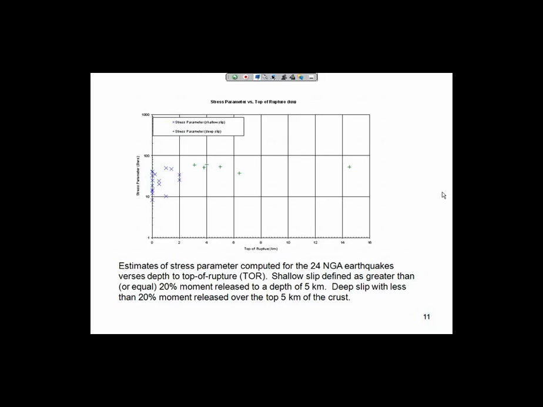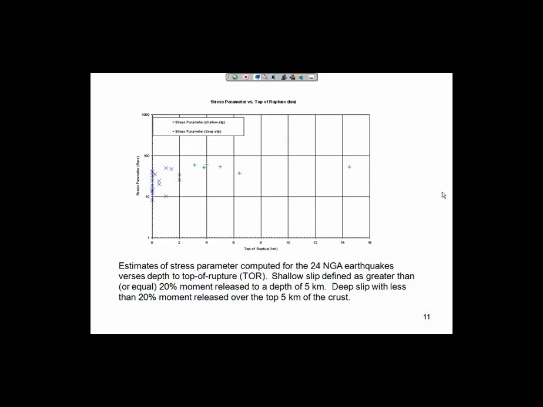They looked at magnitudes between 5.5 and magnitude 8, and a large number of stations when they were doing the average. They found two things. One is that the median stress drop, which I presume is something like the stress parameter, was about 36 bars. But they also found that there was no depth dependence that they could see.